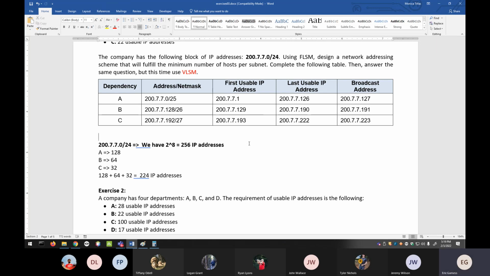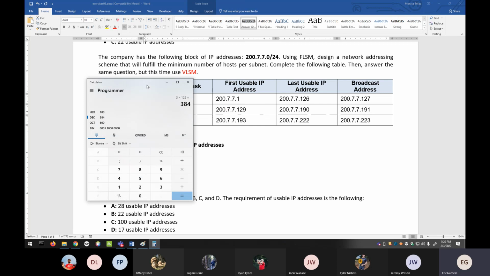So here is a way to verify that everything is okay. Verify that C has 32 IP addresses. How do I verify that we have 32 IP addresses here? If I do 223 minus 192 plus 1, it has to be 32.